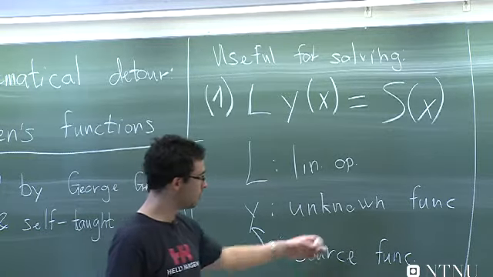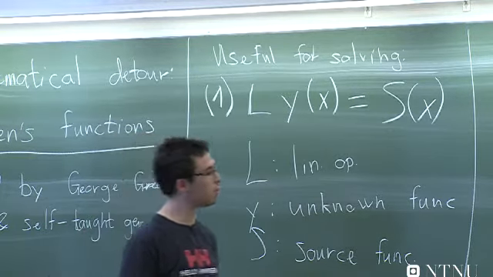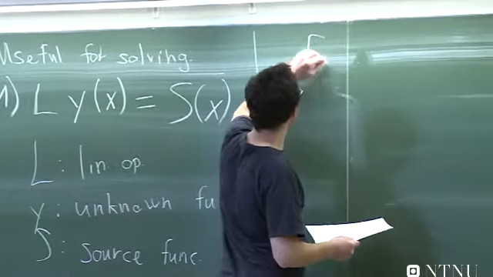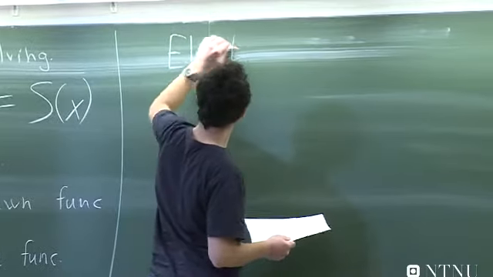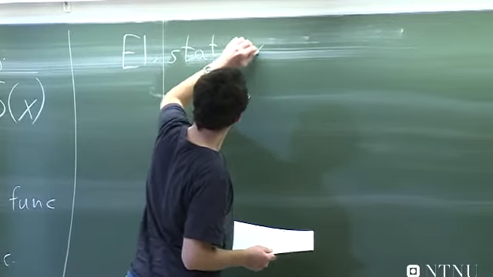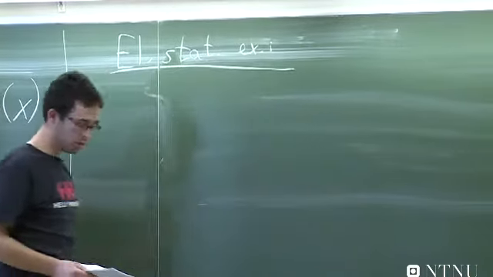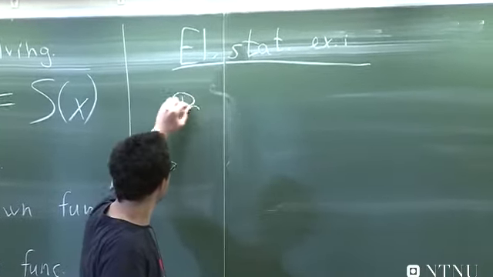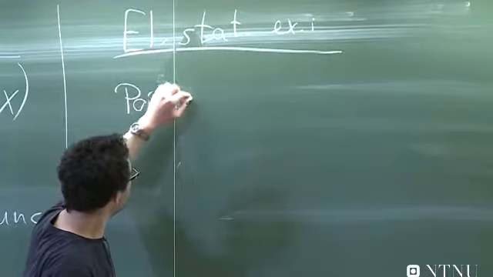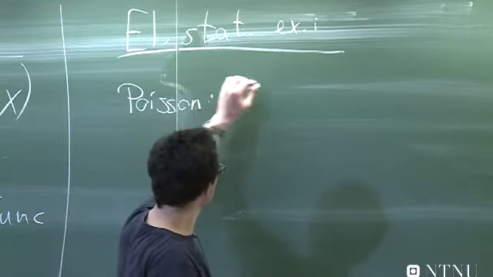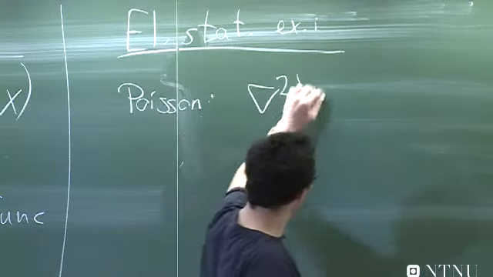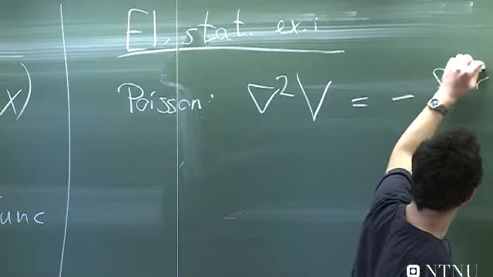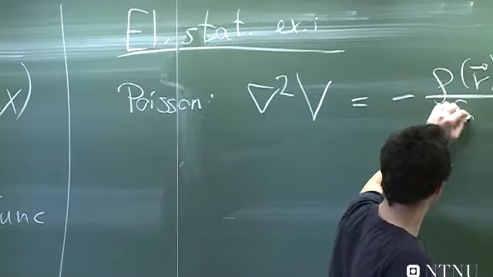Okay, and this is fairly abstract, but to get an example, let's go to electrostatics, to see what we're really talking about. And let's look at the Poisson equation. It looks like this: Laplacian of V is equal to minus rho of r by epsilon 0.